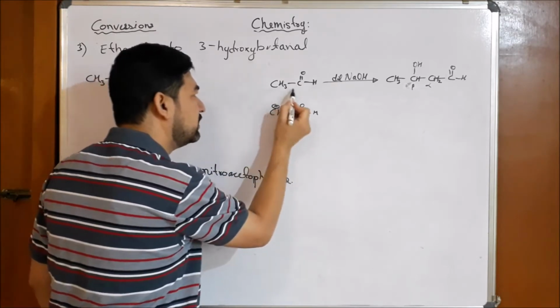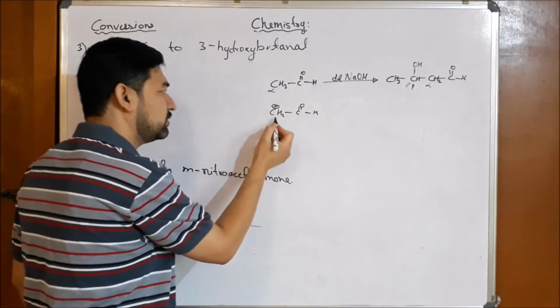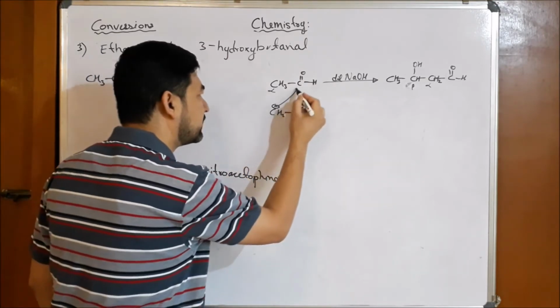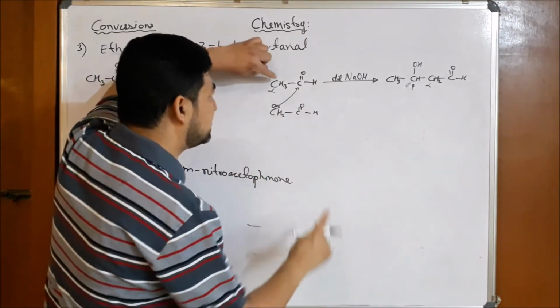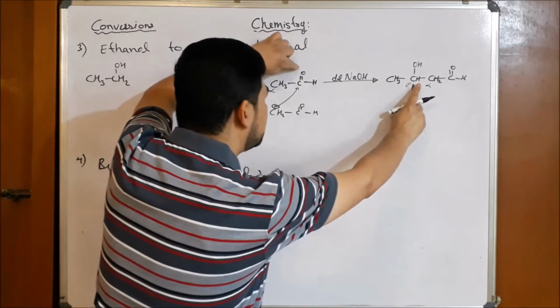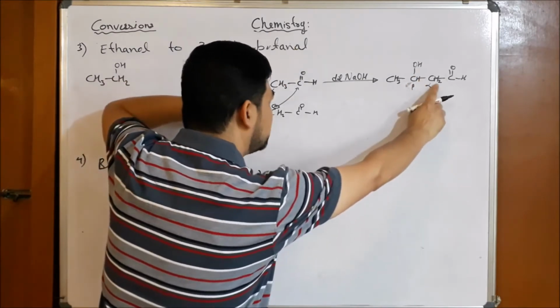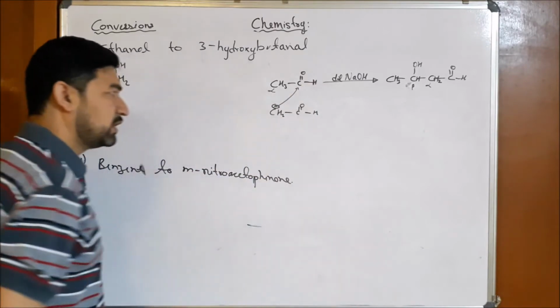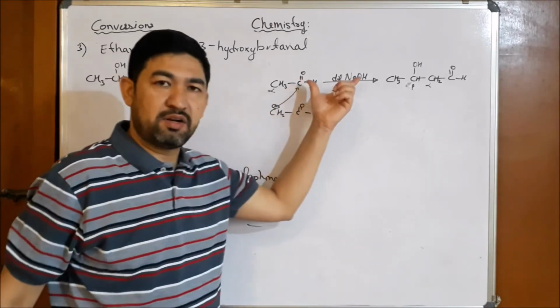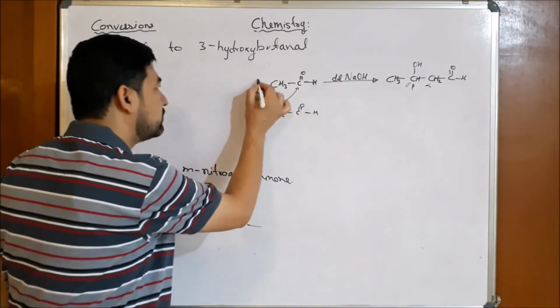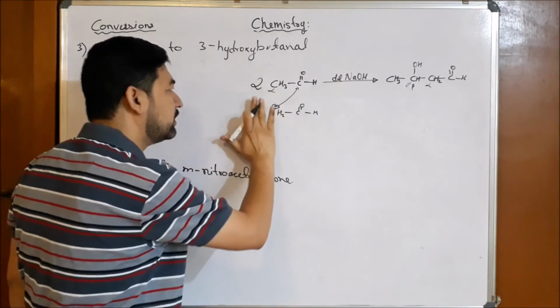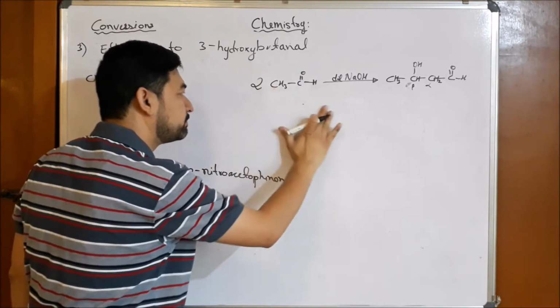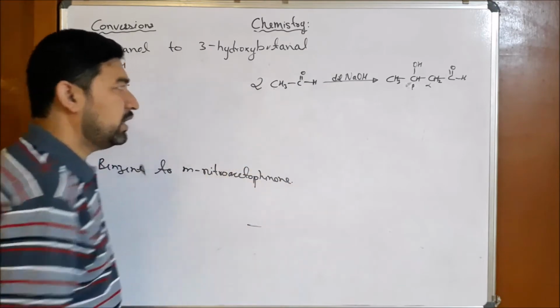It will extract the alpha hydrogen, so it will attack here. Check the product: CH3, CH, OH, then CH2, CHO. Yes, we are getting exactly this product. Basically this is your aldol condensation, so we have to write two molecules here.